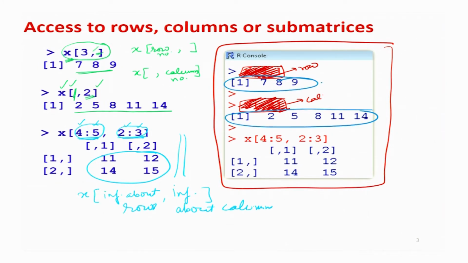Now, by looking at these two outcomes, can you get the information whether they correspond to a row or a column? If I hide this also, then by looking at these two values, 7, 8, 9 and 2, 5, 8, 11, 14, can you tell me whether these are the values from a particular row or a particular column, or which row or which column?